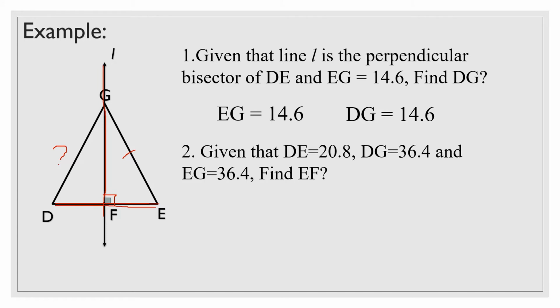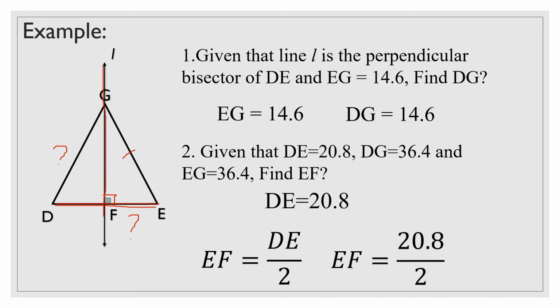Pero ang hinahanap lang natin ay yung EF. So, ibig sabihin, ang EF ay kalahati ng DE. So, we will have the equation EF is equal to DE divided by 2. So, EF now is equal to 20.8 divided by 2, and now the measurement of EF is equivalent to 10.4.